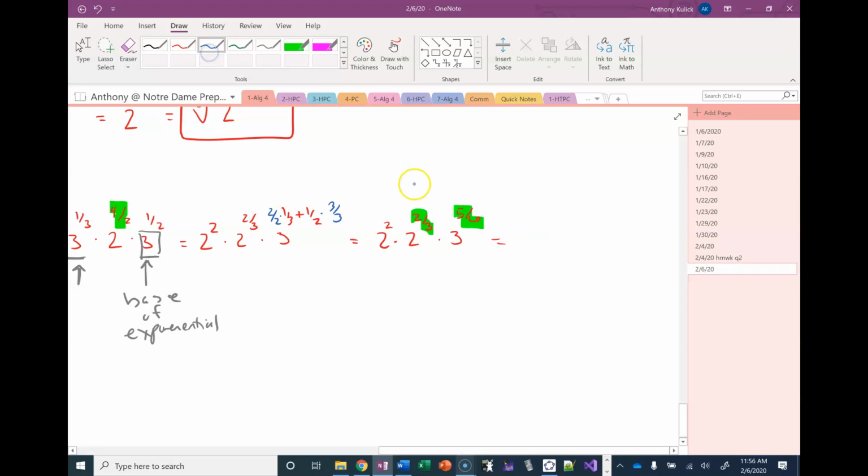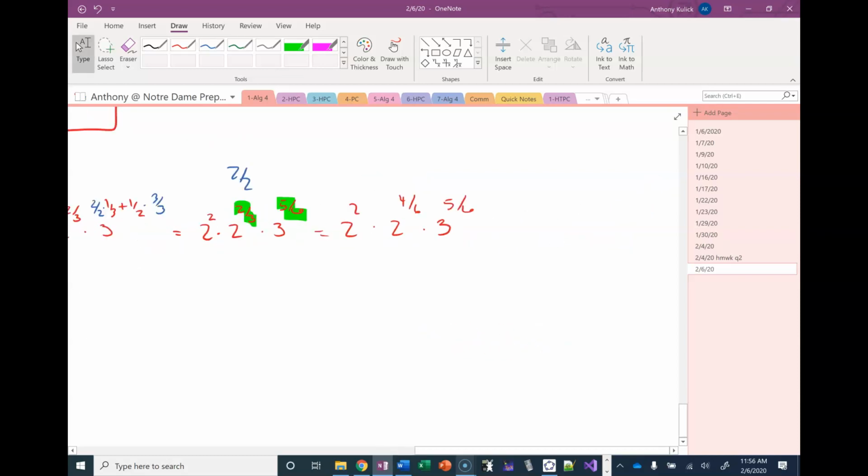So I'm really just going to multiply this one by 2/2. The reason I'm going to do that is because when I put this back into the radical form, both of those are 6th roots, so they can all go under the same radical.